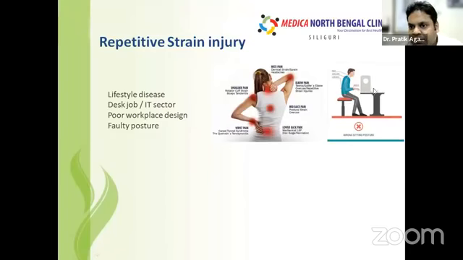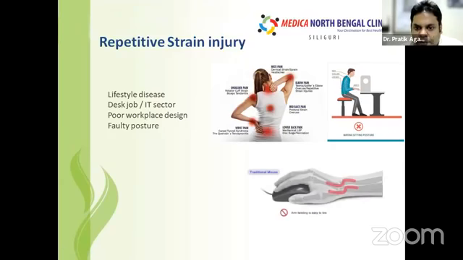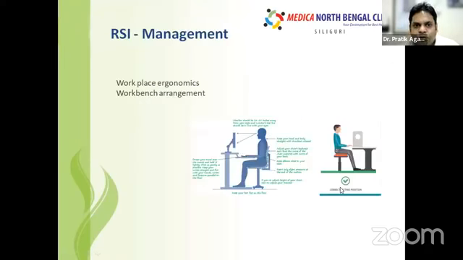For example, you can see in the diagram on the right hand side, this guy is sitting with the laptop and his head level is quite below, which causes a repetitive strain on the back and the neck, and this causes the pain, which he thinks is spondylosis, but it is not. Again, people who continuously use the traditional mouse get repetitive stress on the wrist, causing wrist pain.